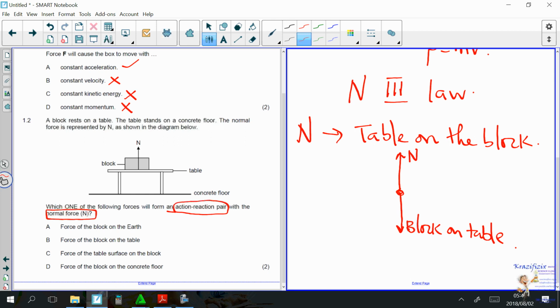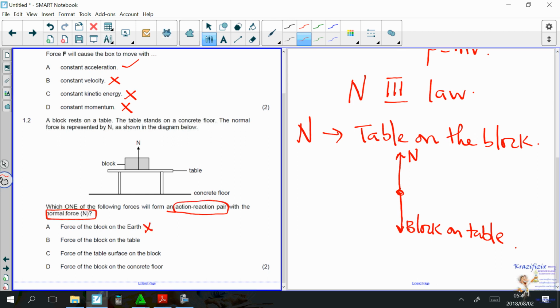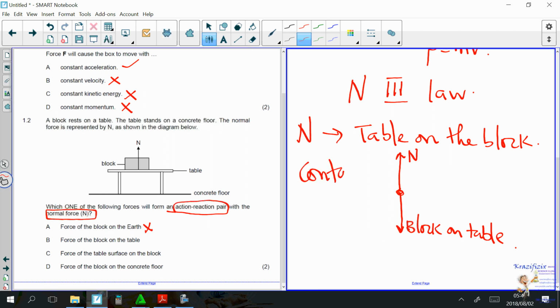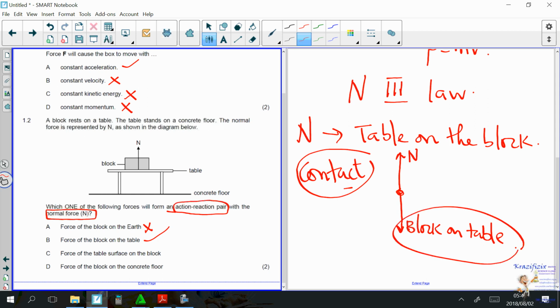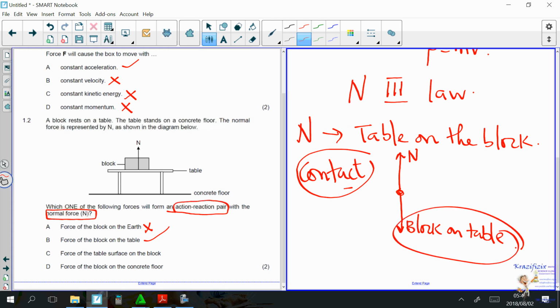Force of block on the earth, no. Again, the two forces must be in contact, except for your electrostatics. But in this case, we talk about contact force. Force of block on the table, we get our answer. But let's try to cancel the other options.